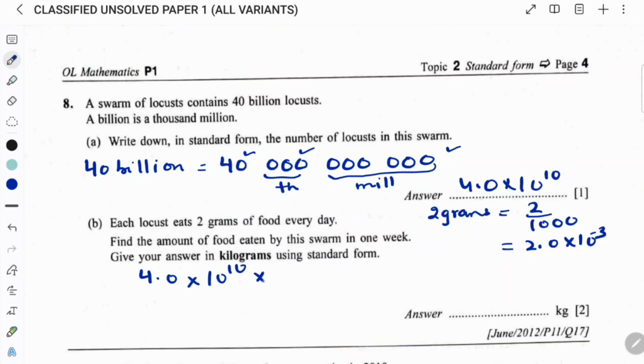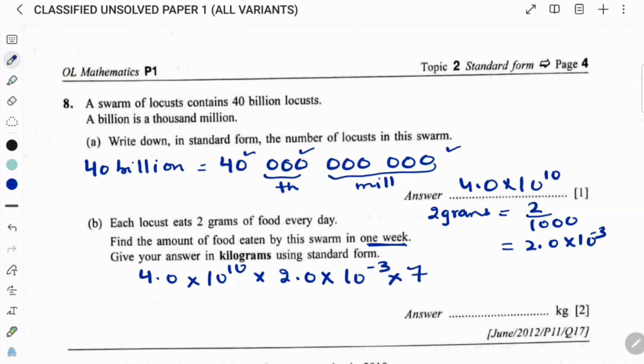Each day is 2 grams, so just write 2.0 into 10 to the power minus 3, and they're asking for 1 week, so that means 7 days. The locusts are 40 billion and each has 2 grams every day. So multiplying gives the amount for 1 day, and for the whole week we multiply by 7.